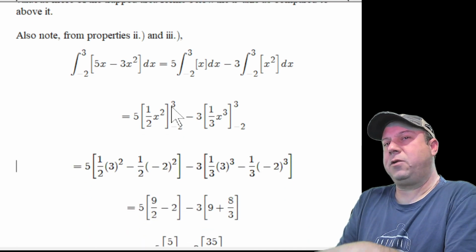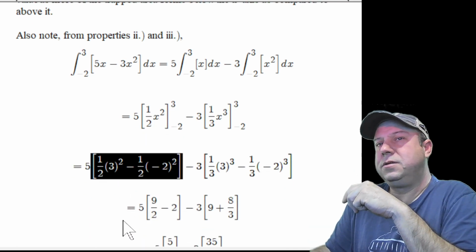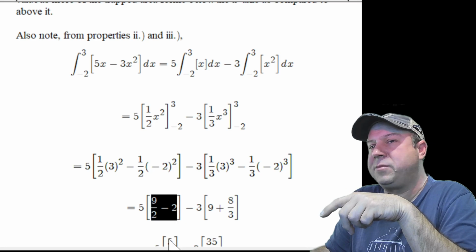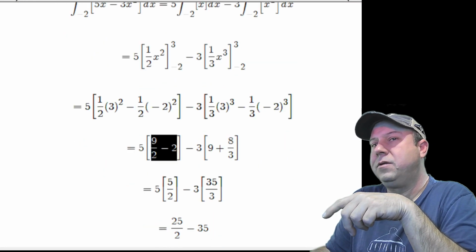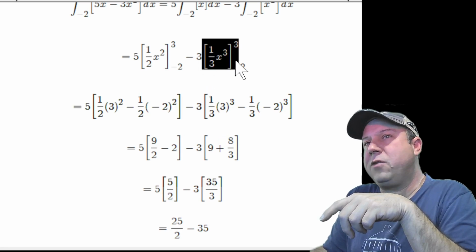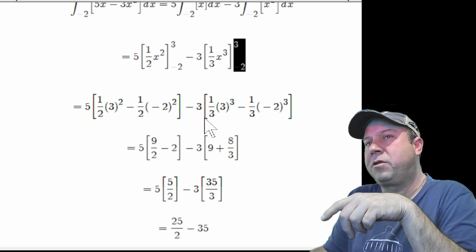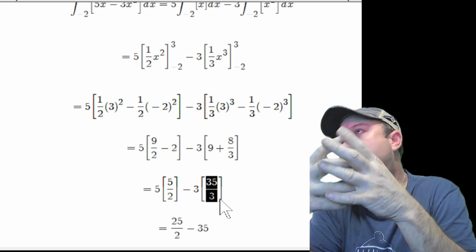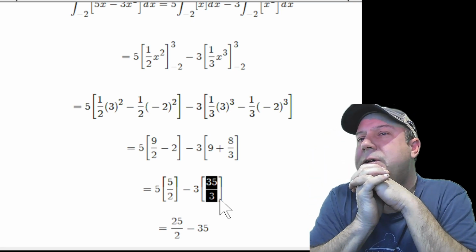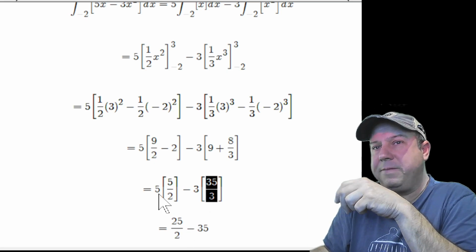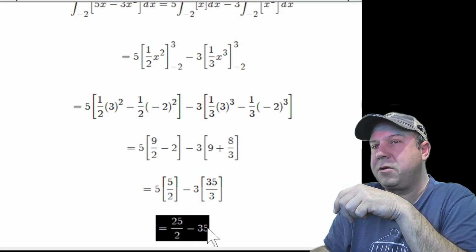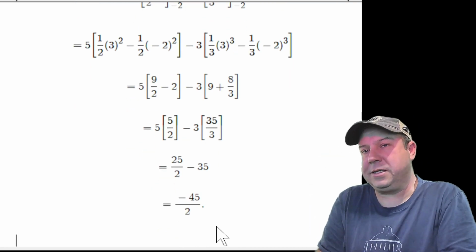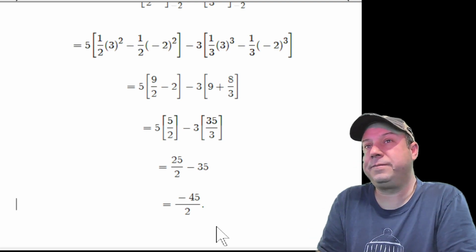And if we evaluate across those bounds, between -2 and 3 for 1/2 x squared, we get 9/2 minus 2, which is 5/2. And if we evaluate 1/3 x cubed across the bounds from -2 to 3, we get 9 plus 8/3, which is 35/3, if you again use a common denominator with these sums and differences. When multiplied, 5 times the 5/2 and -3 times the 35/3, we get -25/2 minus 35, which again simplifies to -45/2.